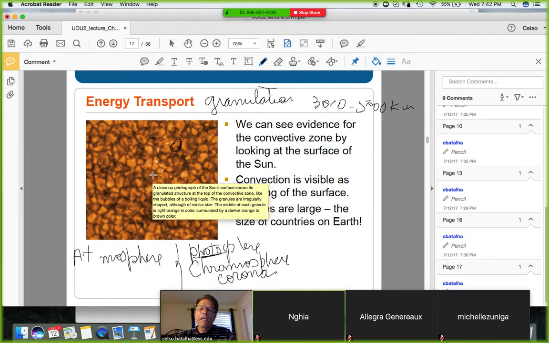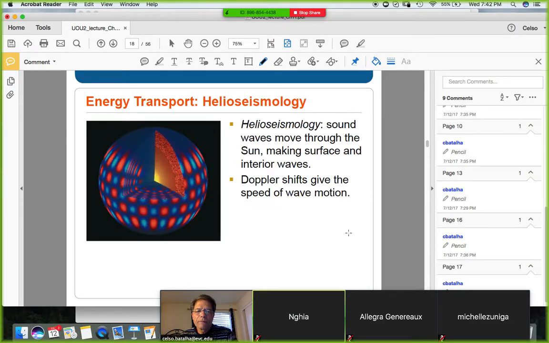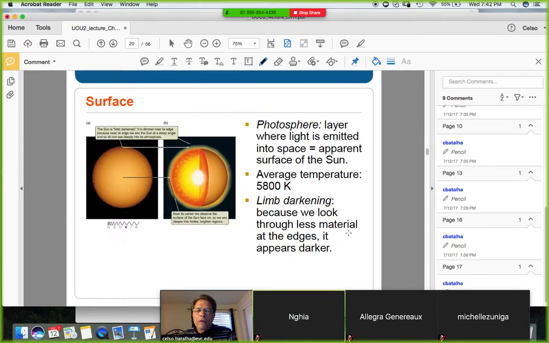They live a few days, and if you have a video of these bubbles, in fact, they look like soup. When you make a soup and it starts bubbling, it's kind of the same idea, sort of. That's the photosphere, average temperature 5,800 Kelvin.